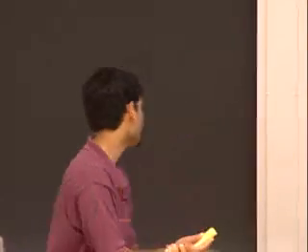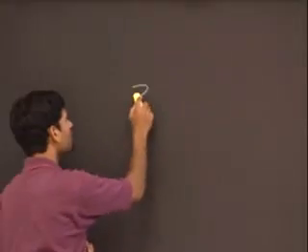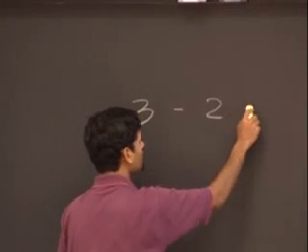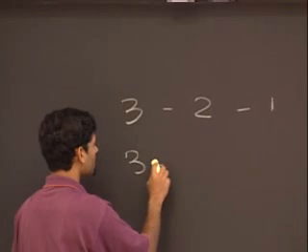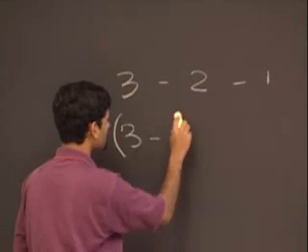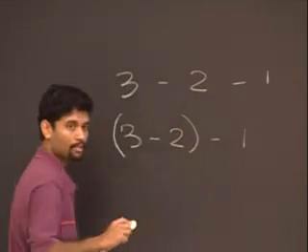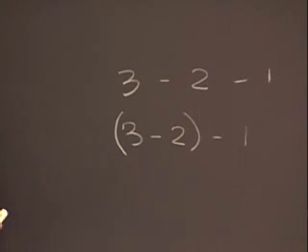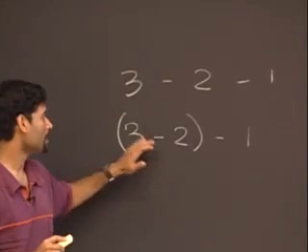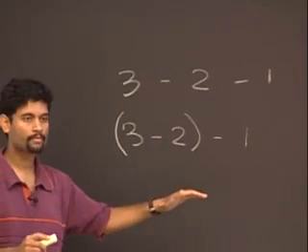If I had a minus sign, it would matter. If I have 3 minus 2 minus 1, then it's conventional to treat this as (3 minus 2) minus 1. So we say that minus associates in a certain way.